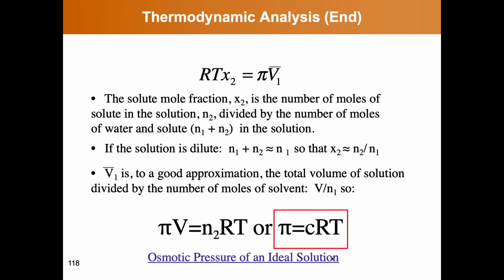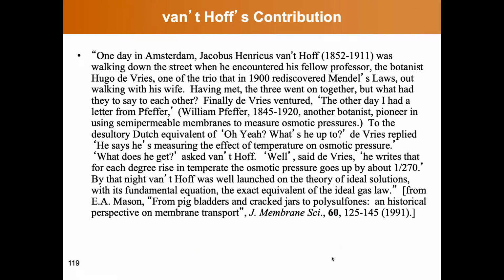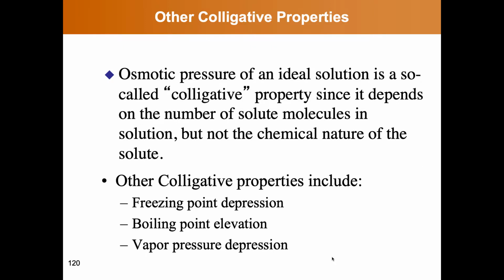So now you think about that. If the temperature is around ambient, it's 298, 300, close to 270. And so if you raise the temperature by a degree, then the osmotic pressure would go up by some factor that would be proportional to that. And this is reputed to be the idea that led Van't Hoff to develop the theory of ideal solutions for thermodynamics. And you can read a little bit more about that in this historical article by Ed Mason.